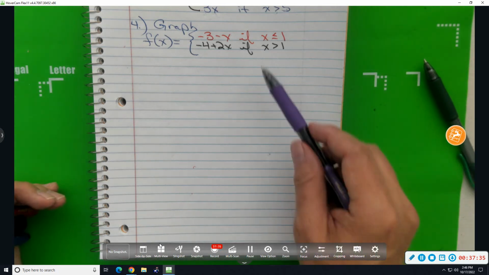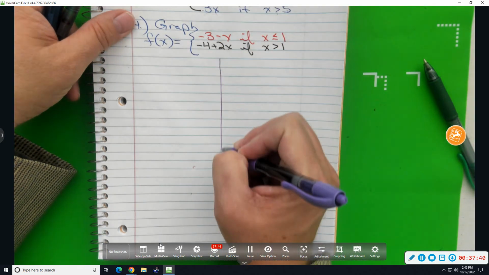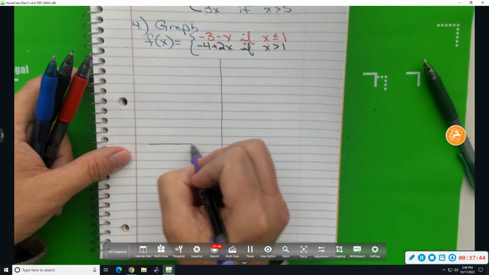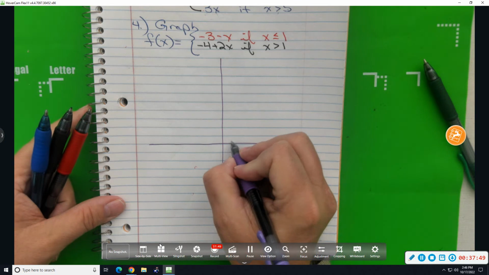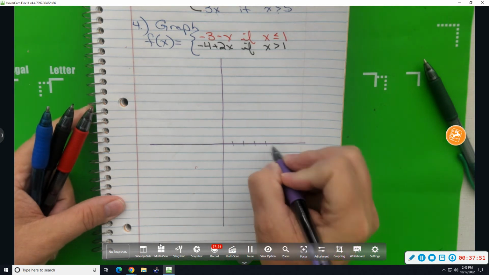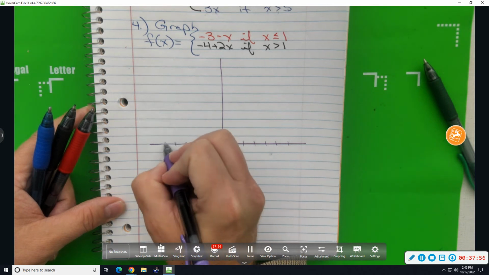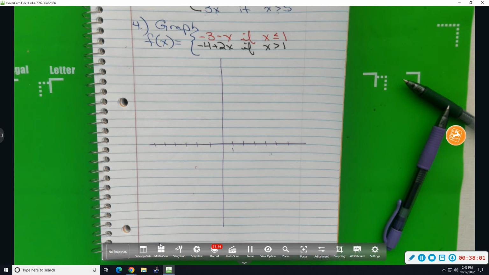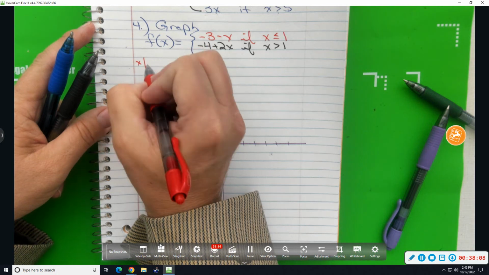There are only 2 pieces here, so we're only going to need to make 2 tables of values. We're going to make our red table of values.